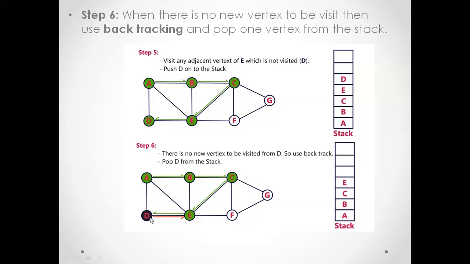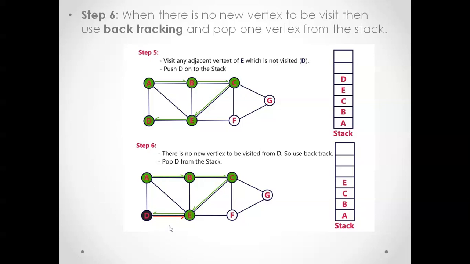So the backtracking activity comes to E, which is represented by the pink line here. Whenever you perform backtracking, we need to remove an element from the stack, which is the top of the stack.